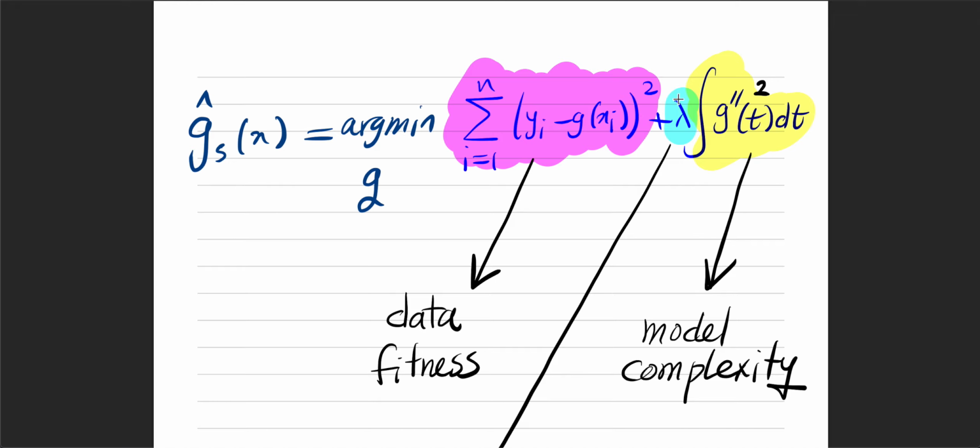So if you set lambda to infinity or a very large number, the G that you get is almost like a line, and if lambda is small, then you get a very wiggly function.